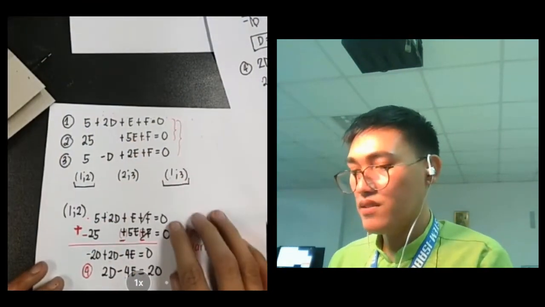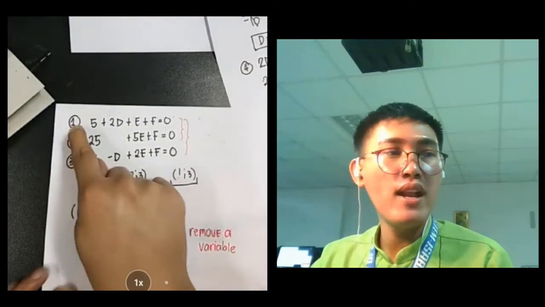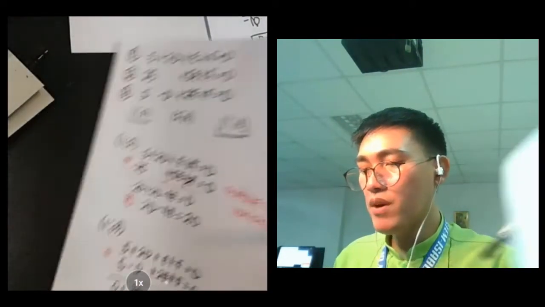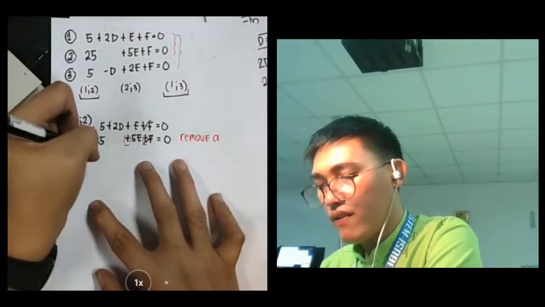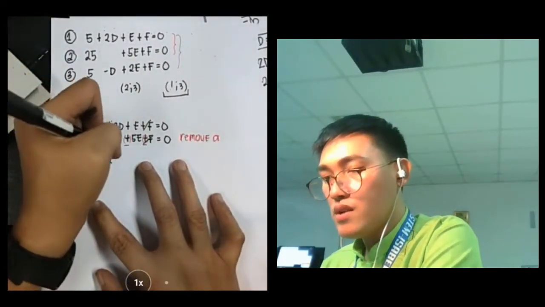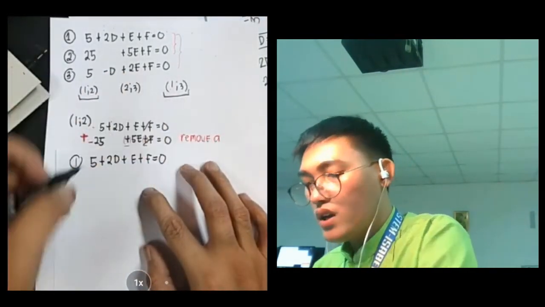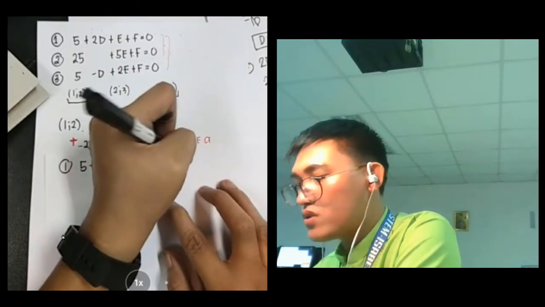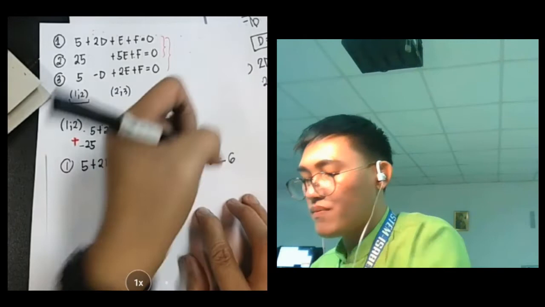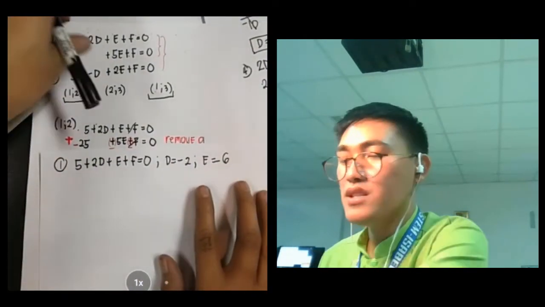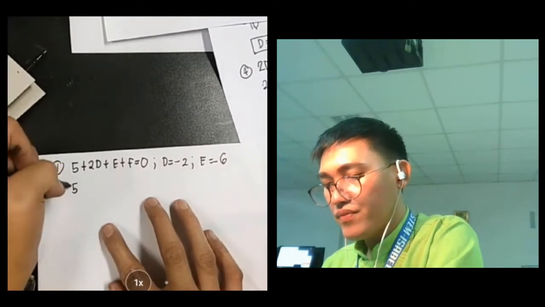Number 1 equation is 5 plus 2D plus E plus f is equal to 0, where the value of d is equal to -2 and the value of e is equal to -6. What we are going to do here is solve for letter f. Alright, that would be 5 plus 2 times -2 plus -6 plus f is equal to 0.